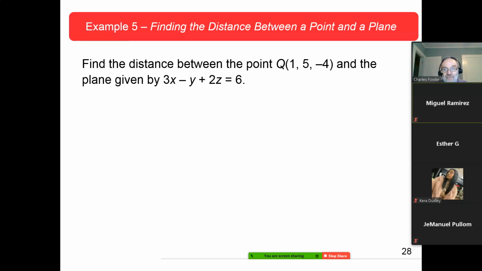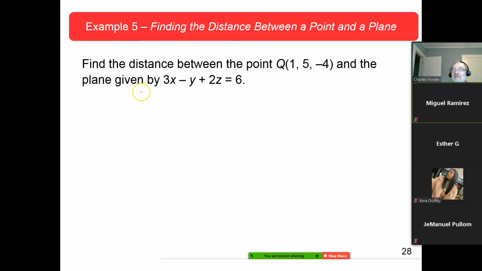Now, let's do example 5. This will probably take some going back and forth. So here's example 5, bottom half of page 792. Find the distance between this point Q, (1, 5, -4), and the plane given by 3x minus y plus 2z is equal to 6.